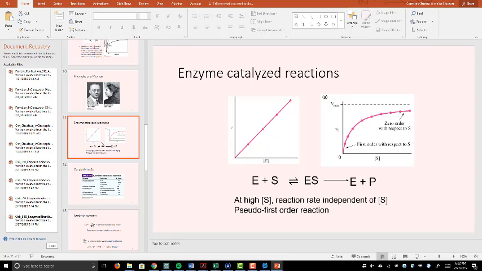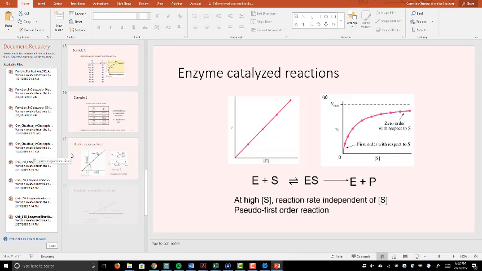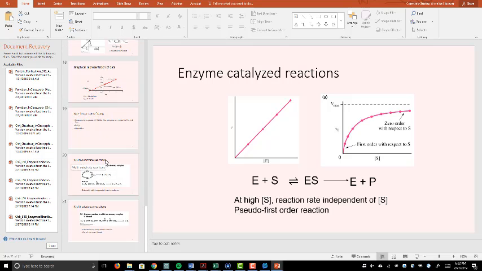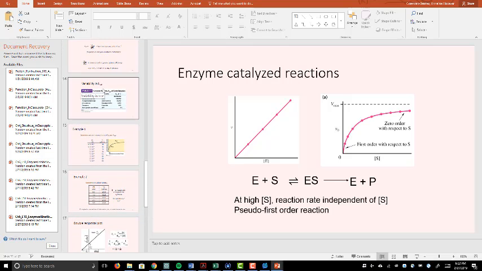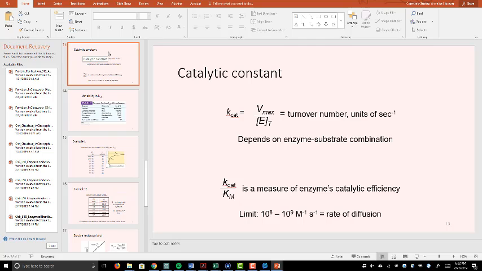And so that's one of the reasons where the kcat comes in, because we want to get rid of any contribution from enzyme concentration. The kcat is equal to the Vmax over the total enzyme concentration, so we're literally dividing out the enzyme concentration.